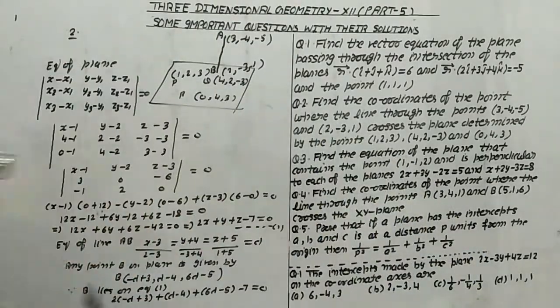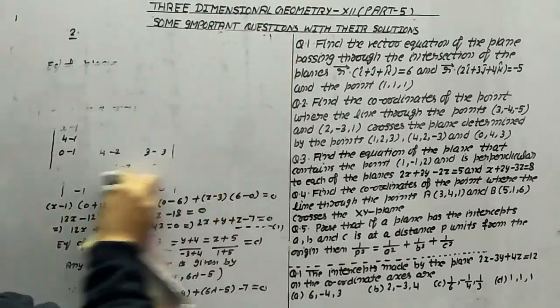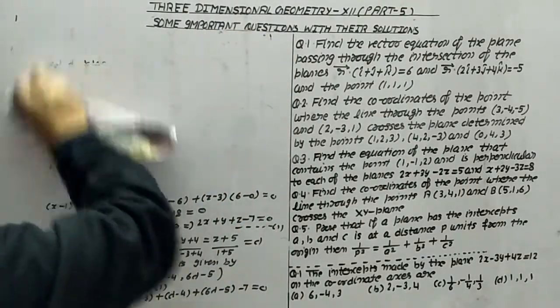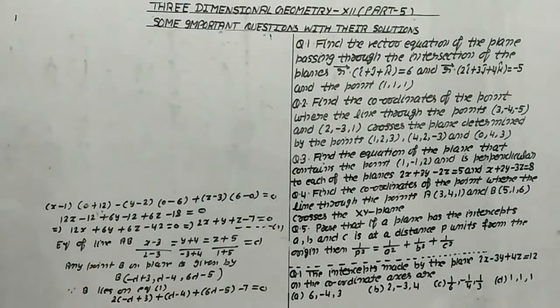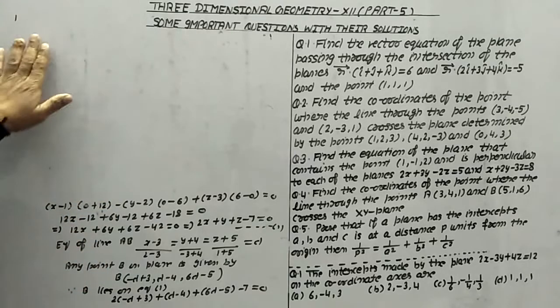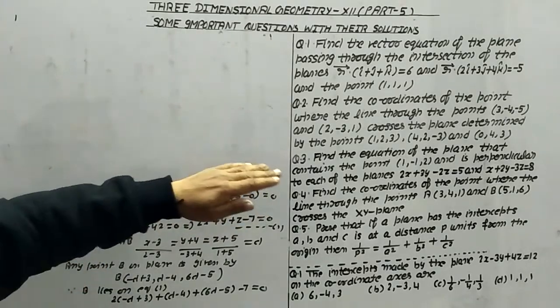Now we will solve this and find the value of lambda. Once we obtain the value of lambda, we will put it in point B, and this will be the coordinates of the point where the line through the points crosses the plane determined by these points.